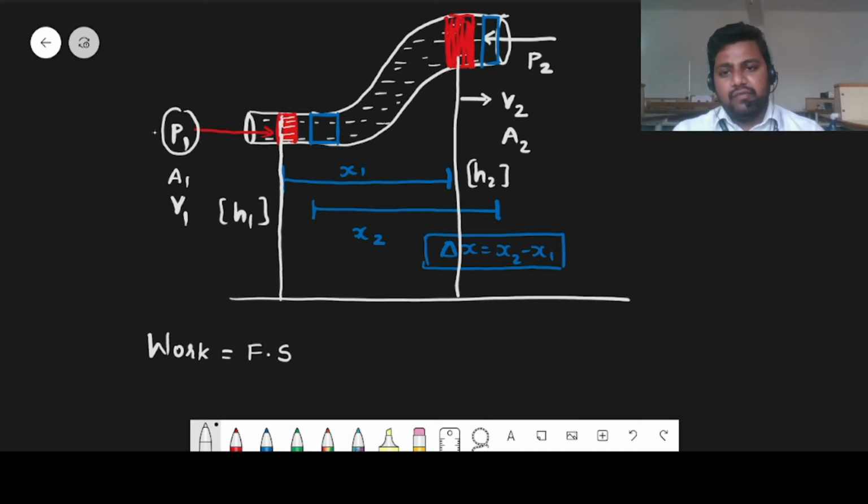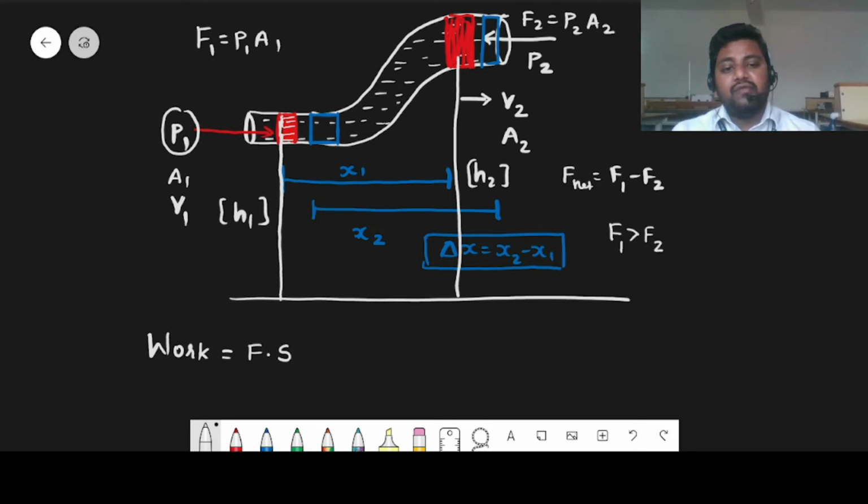We know that force F1 can be written as pressure P1 into area A1. Force F2 can be written as pressure P2 into area A2. The net force, F net, can be written as F1 minus F2. Why F1 minus F2? Because F1 is greater than F2. That's when the liquid is actually moving. So you can write this as P1A1 minus P2A2, and the displacement here is delta x.